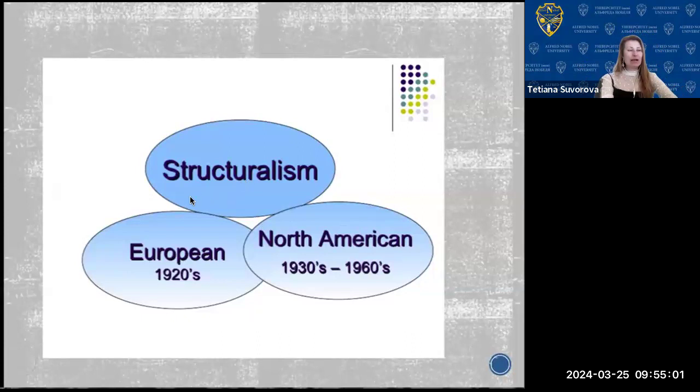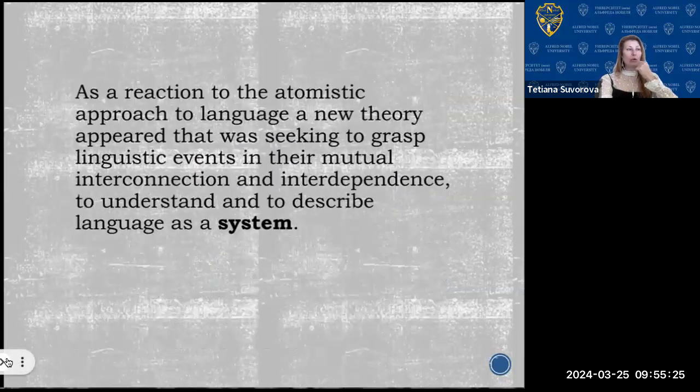Well, so then European structuralism, somewhere around the 20s, of course, started earlier. We'll see in the 19th century with which ideas, but developed in the 20s, and in North America, 30s and 60s.